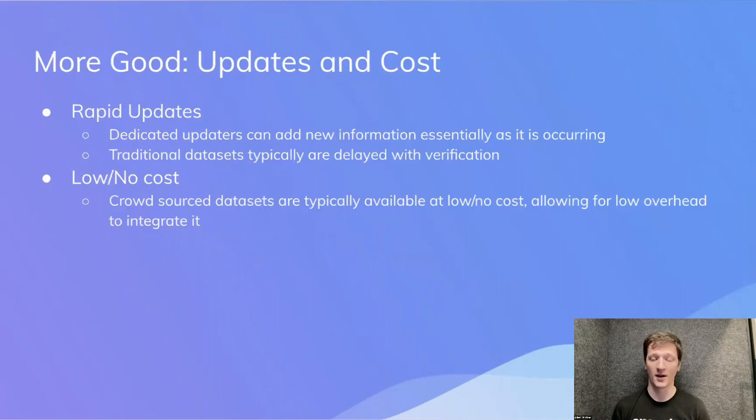Some of the other good options that aren't quite as prominent, but it still is necessary to talk about, is obviously the cost. This type of data is often very low or no cost information to get, so you can get up and running with it right away. It also allows for rapid updates, often before any official forms of data come out to supply it.